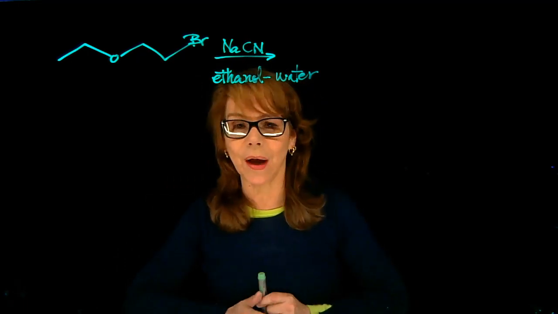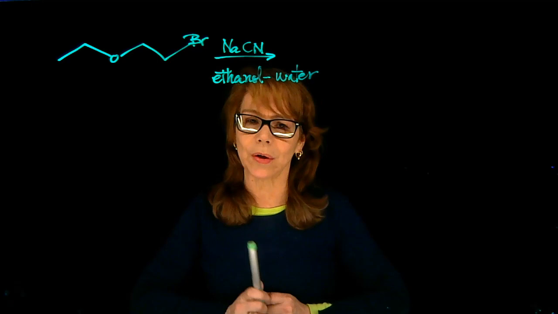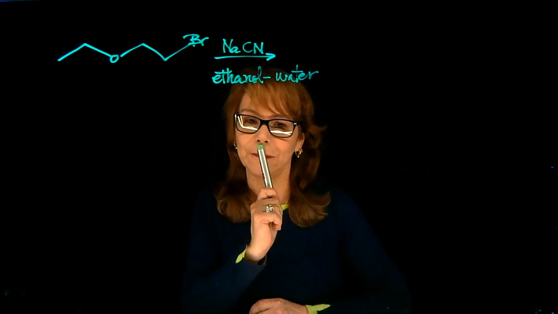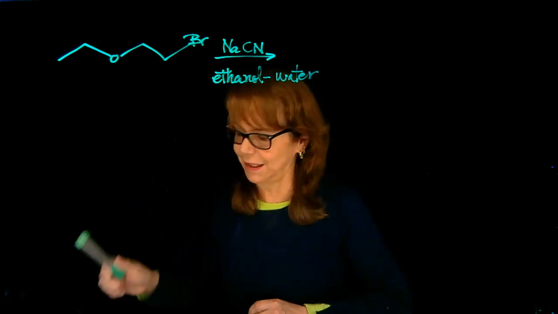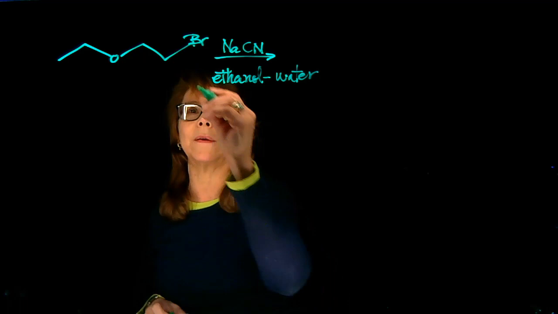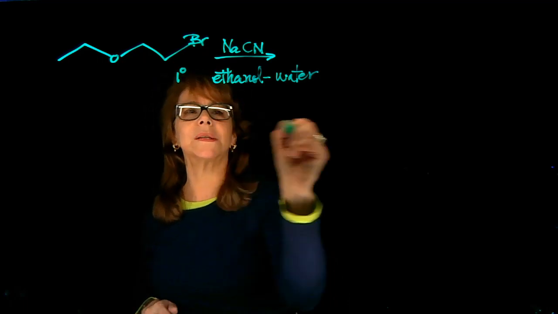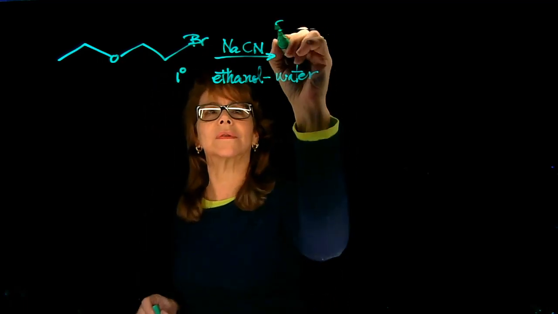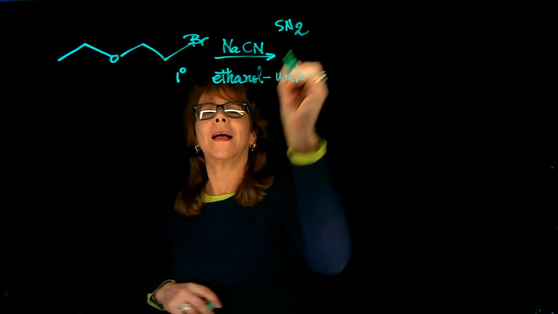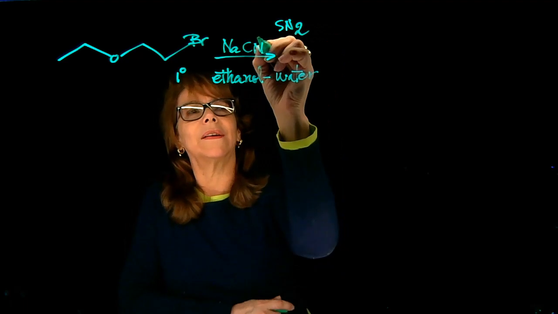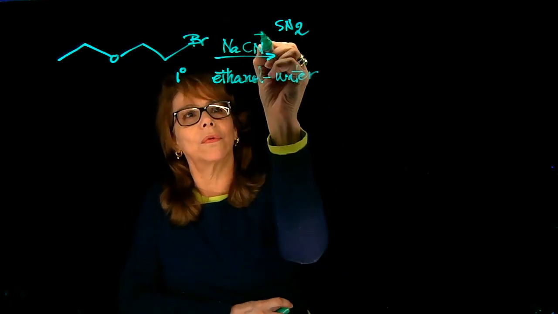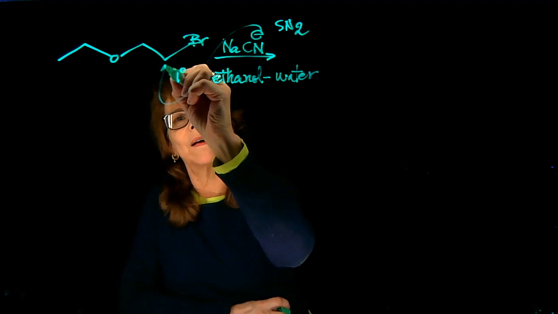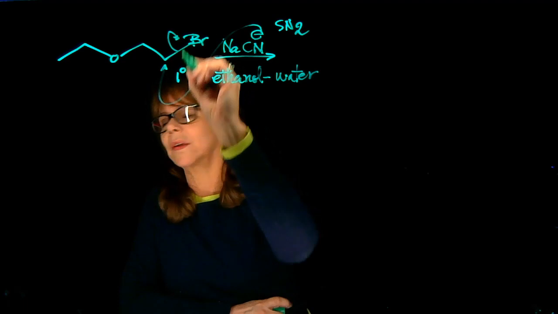The solvent is polar, but the fact that this is a good nucleophile and that the alkyl halide is primary points me to an SN2 reaction. And what's happening here is the attack by cyanide over the alpha carbon to get your product.